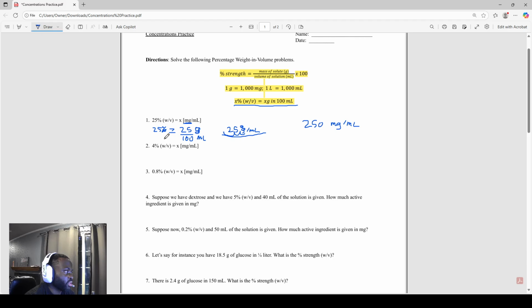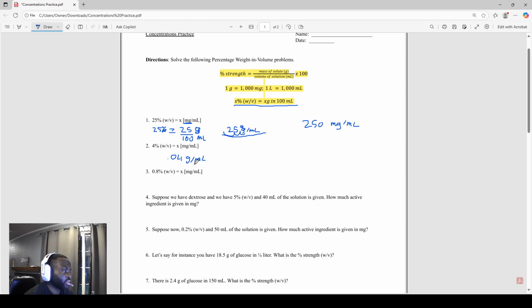All right, and I'm gonna speed up a little bit here. So a 4% strength solution is how many milligrams per milliliter, right? Based off everything we did here, it's going to be 0.4 grams per milliliter, right?